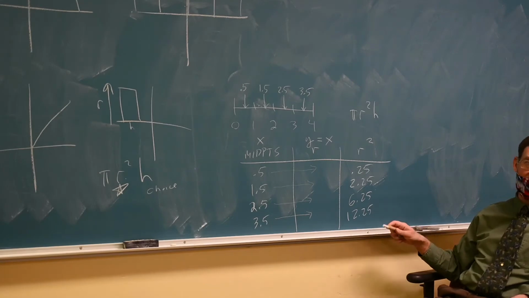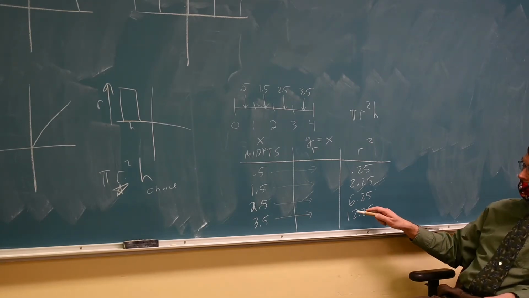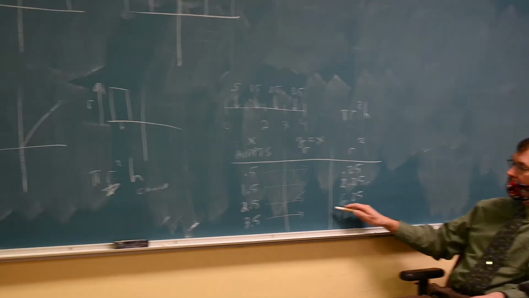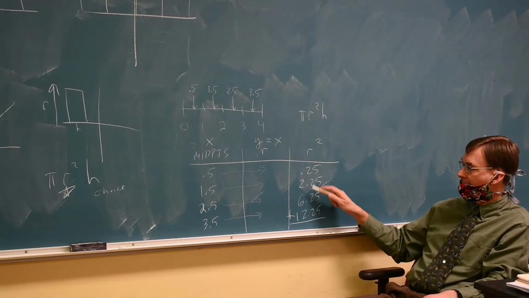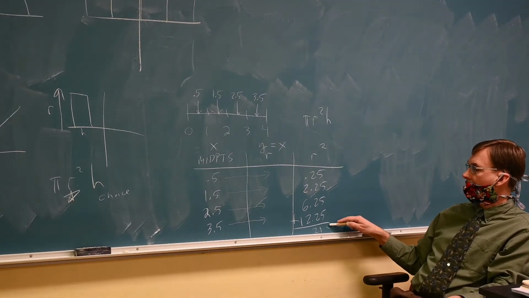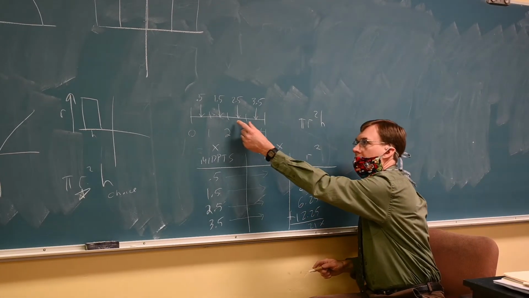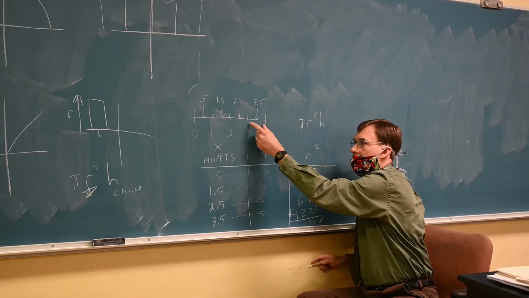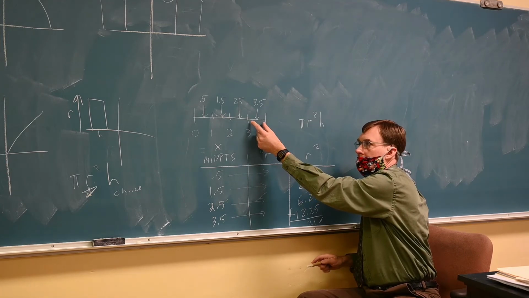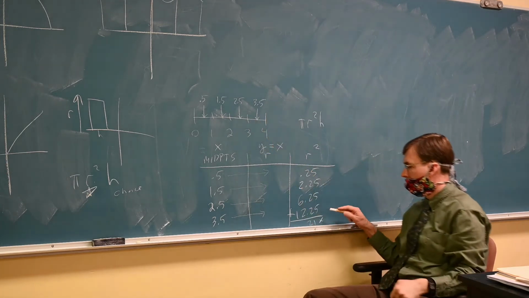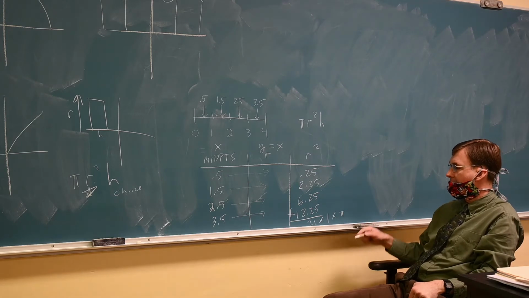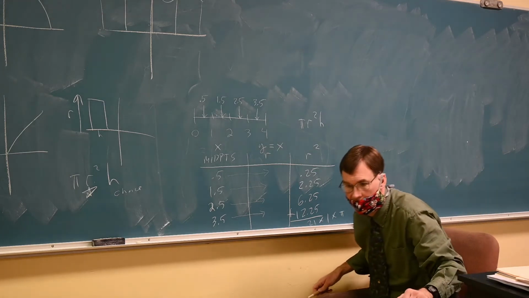Same thing we did to everything yesterday? Add them all up, and that would add up to 21. And then we're going to multiply by how wide they were, which we can look at this picture if we drew it or imagined it or whatever. How wide was each piece? 1. But we'd also multiply by pi, and this answer will be 21 pi.